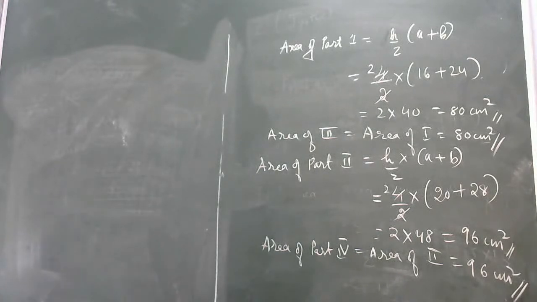Examples for solid shapes: cylinder, cone, cube, and cuboid.